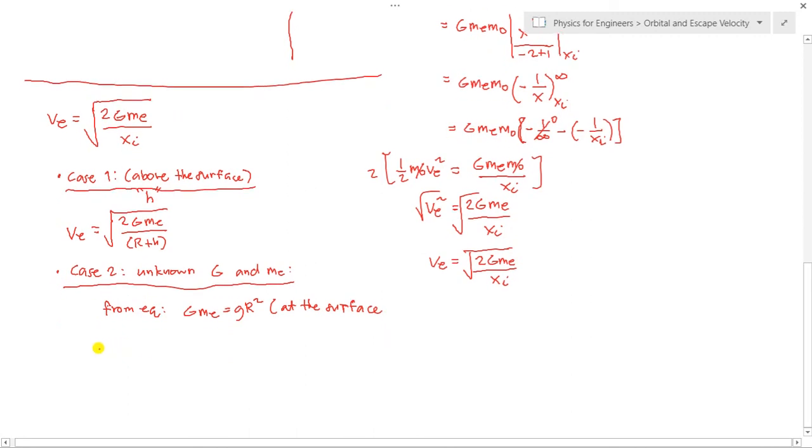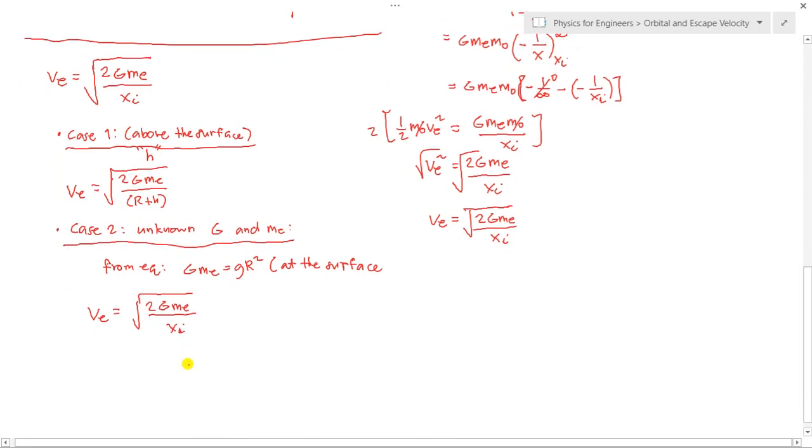Okay. So back to the general formula, V_E is equal to the square root of 2G M_E all over x sub I. So again, if it starts at the surface of the earth, the equivalent of G M_E is g R squared, because we obtained that from equation 1 when we derived it for an object at the surface of the earth.